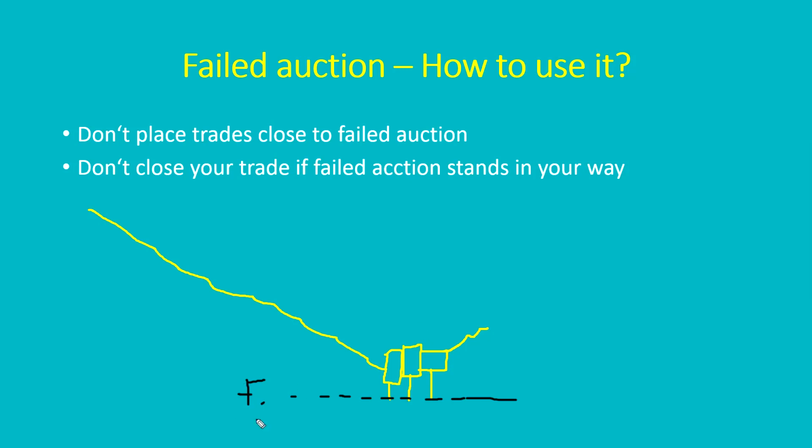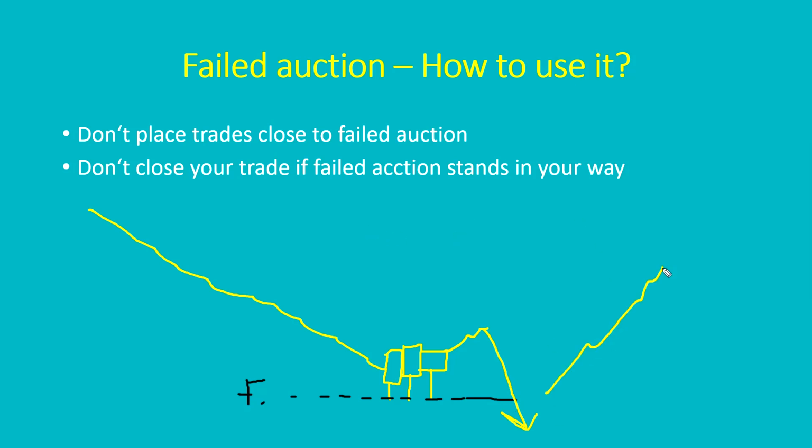But because of the failed auction, there is a fair chance that the price will turn to test below the failed auction, at least 1 or 2 pips. So in a case like that, I personally prefer to hold the trade until it tests below the failed auction. And only after that, I think about quitting the trade. The same goes for an uptrend.